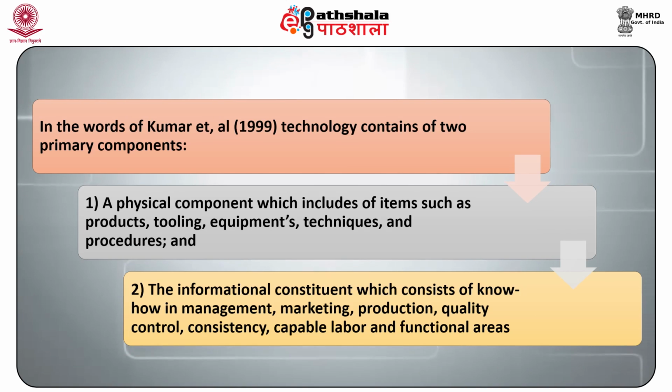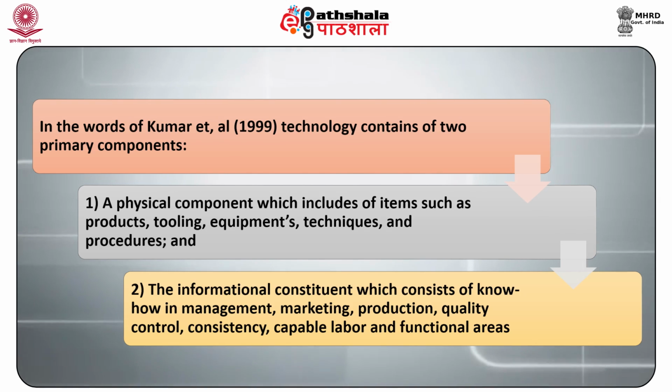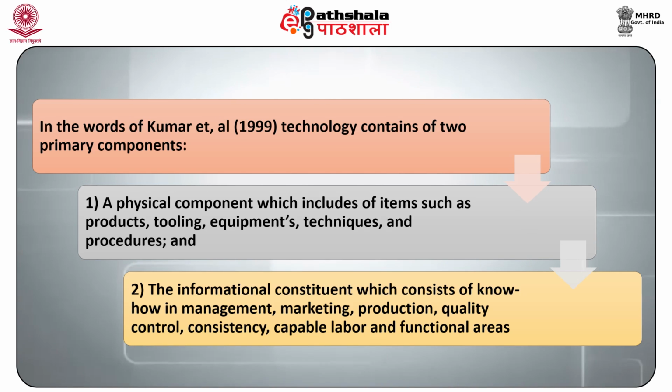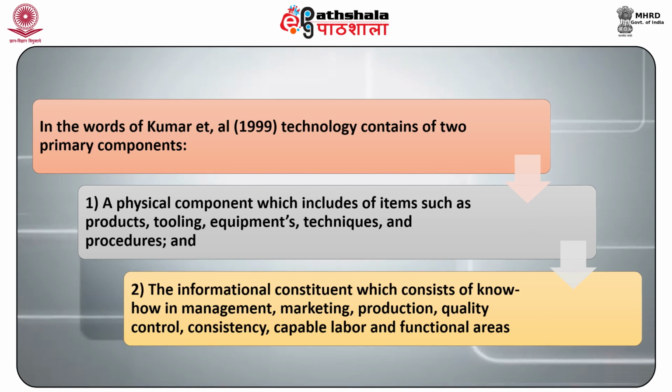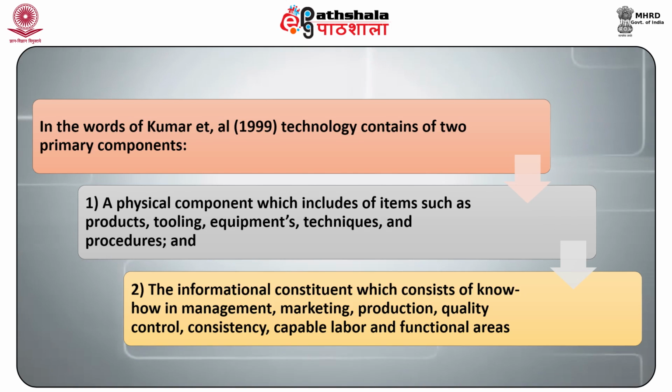In the words of Kumar, 1999, technology contains two primary components: a physical component which includes items such as products, tooling, equipment, techniques and procedures, and the informational constituent which consists of know-how in management, marketing, production, quality control, consistency, capable labor and other functional areas.